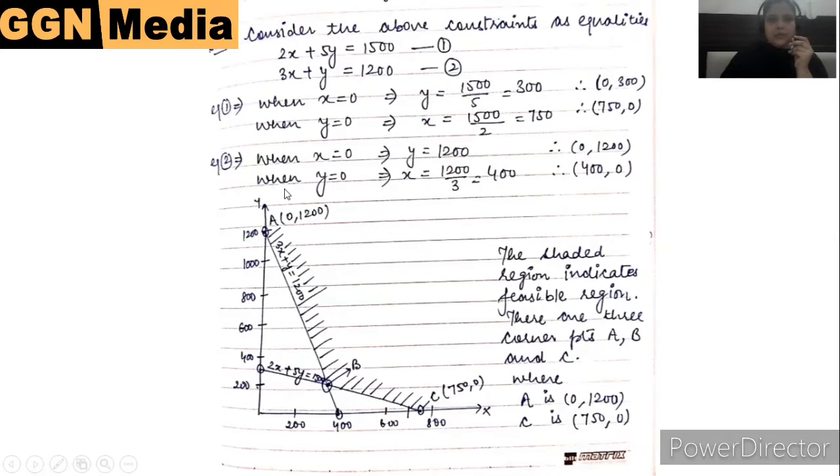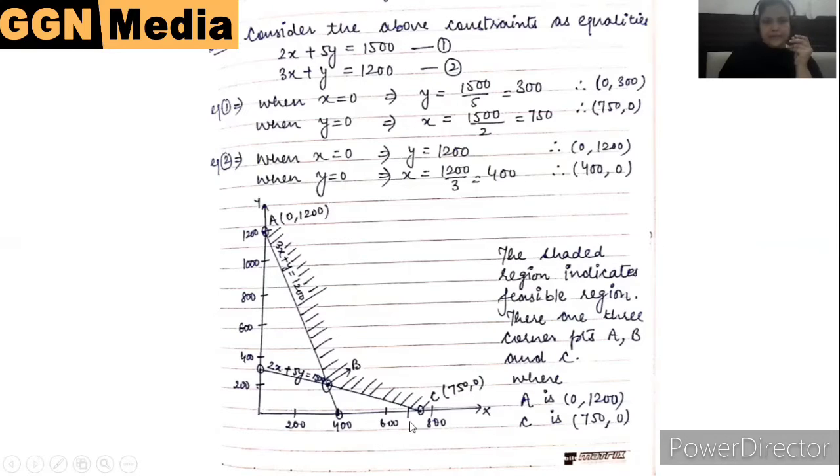When you put y is equals to 0, x becomes 1200 by 3, that is equals to 400. The point thus obtained is 400 and 0. When you join 0, 1200 and 400, 0 on the graphic paper, you will get your second constraint drawn on the graph.